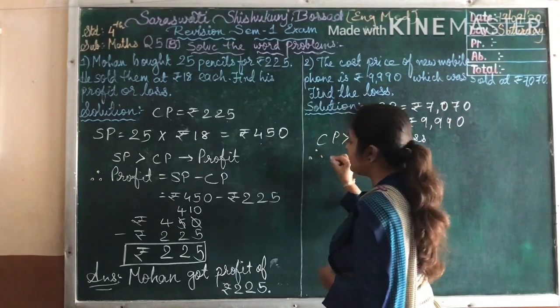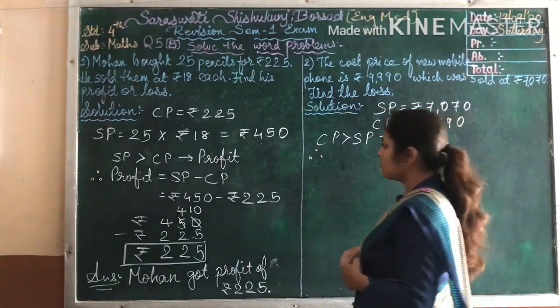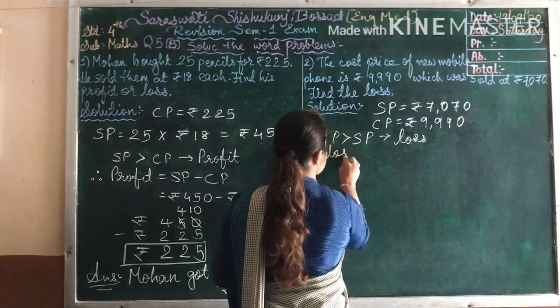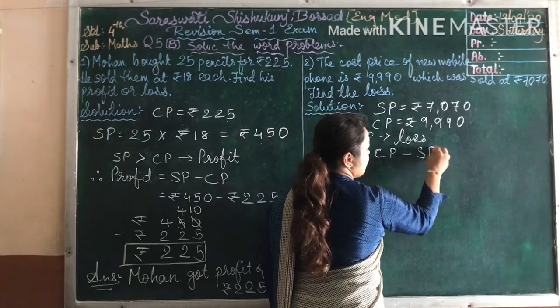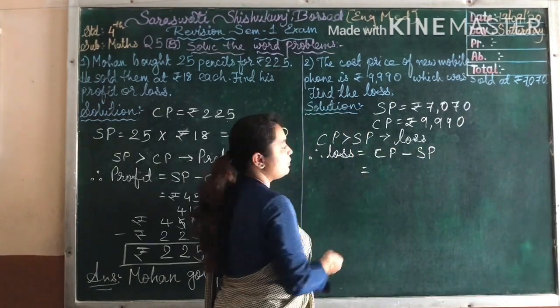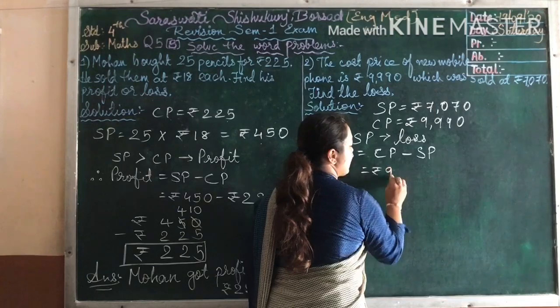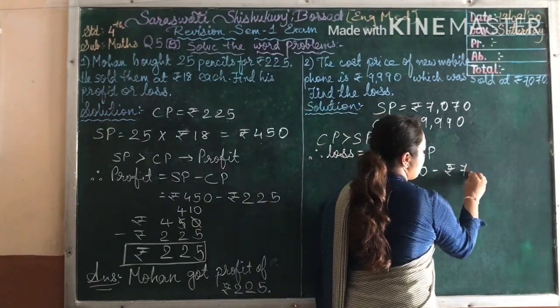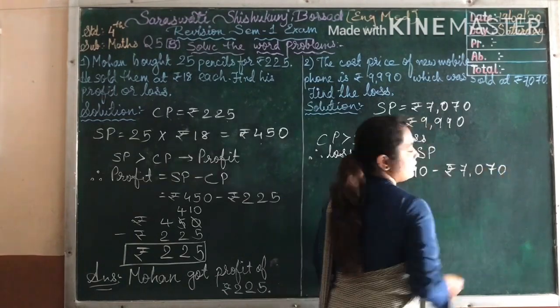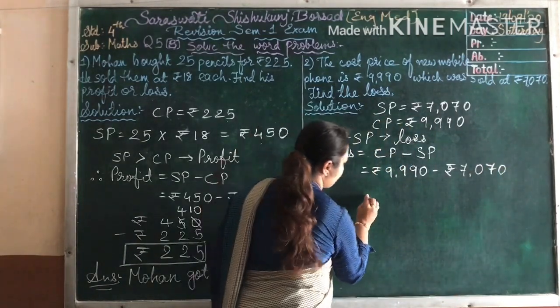Therefore, we will write now formula to find loss. Okay, loss is equal to CP minus SP. Let's keep its value. Rupees 9,990 minus rupees 7,070.